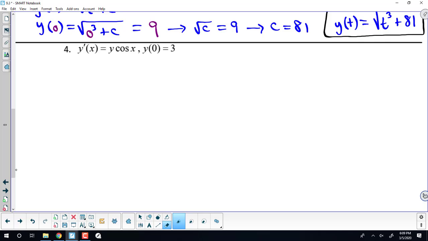this example. So why don't y'all take about 5 minutes and solve this. Again, we've got an initial condition, so we shouldn't have arbitrary constants left.